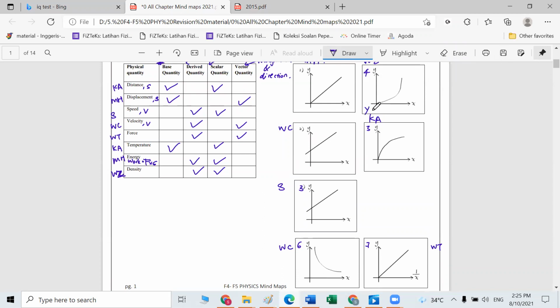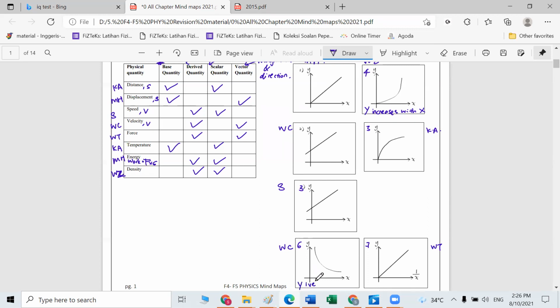This is y increases with x. This is also... okay. First, Wei Tong wrong. Wei Tong cannot say inversely proportional only. Cannot. Yeah, one must be like that.